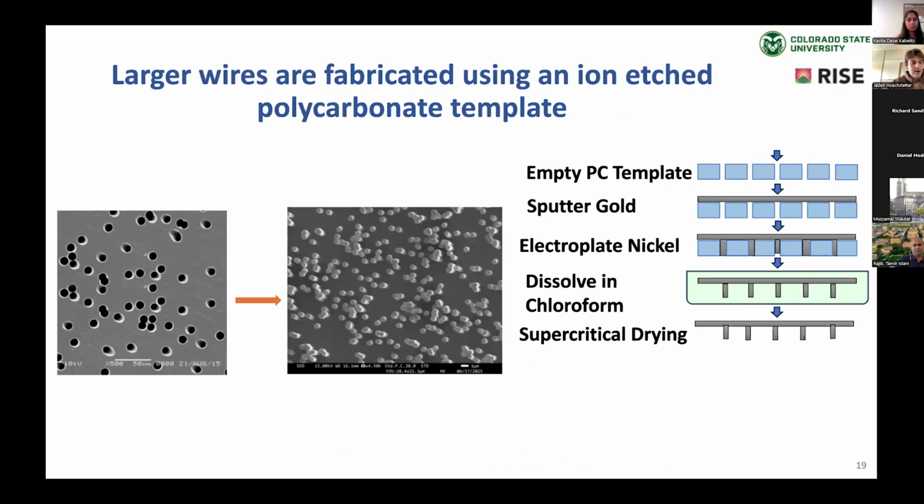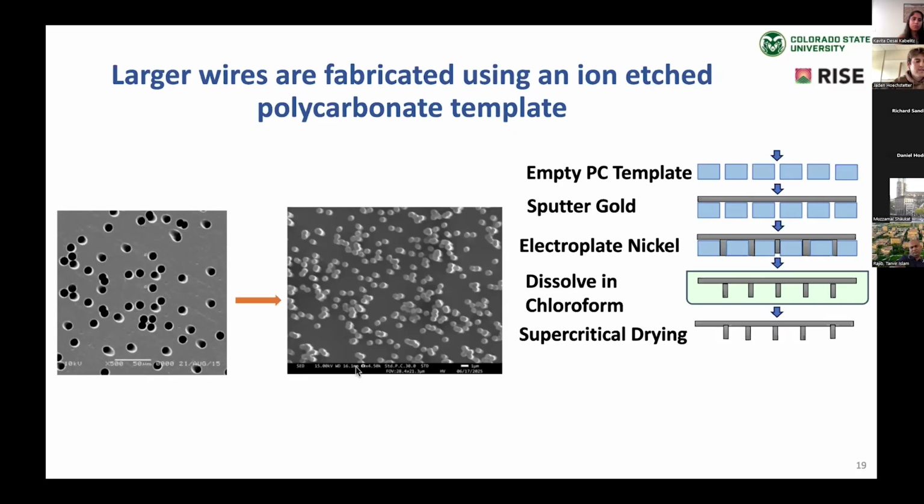For larger wire diameters, greater than 300 nanometers, we use an ion-etched polycarbonate template to make the wires. These wires are truly random because of the ion etching, but over a larger period, they are uniform in density.